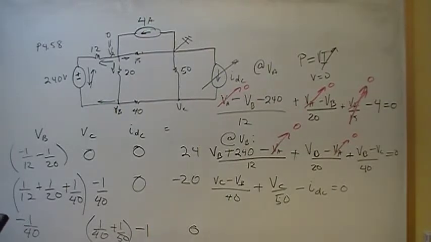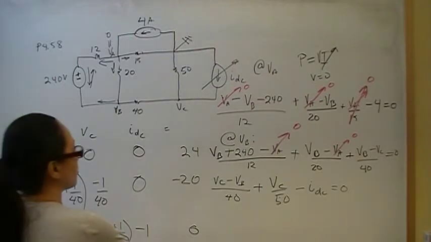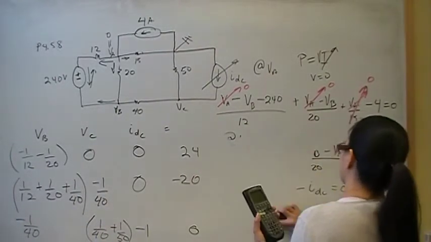So 1/12 plus 120 plus 140, and then negative 1 over 40, 0, negative 20. Then negative 1 divided by 40, and then 1 divided by 40 plus 1 divided by 50, negative 1, and 0. Solve. Okay, so this jams up.